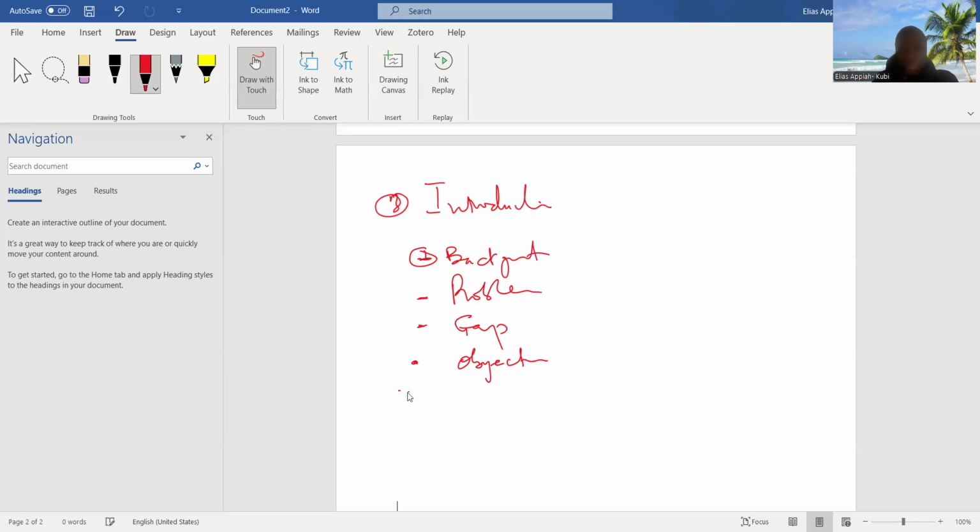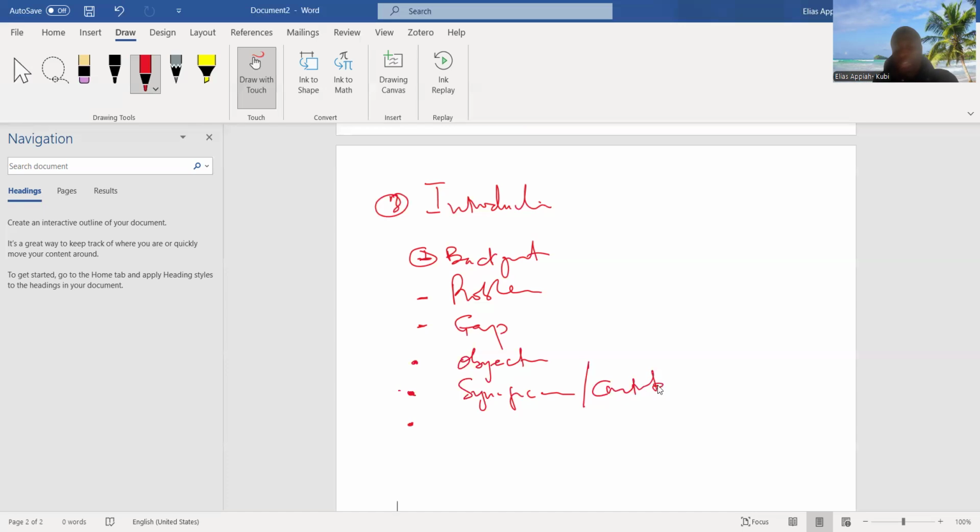Then after the objectives, when we achieve the objectives, it will give us some importance. So the significance of the study. Then after the significance, that is the importance of achieving the objectives, you now bring, so let me say significance or contribution.